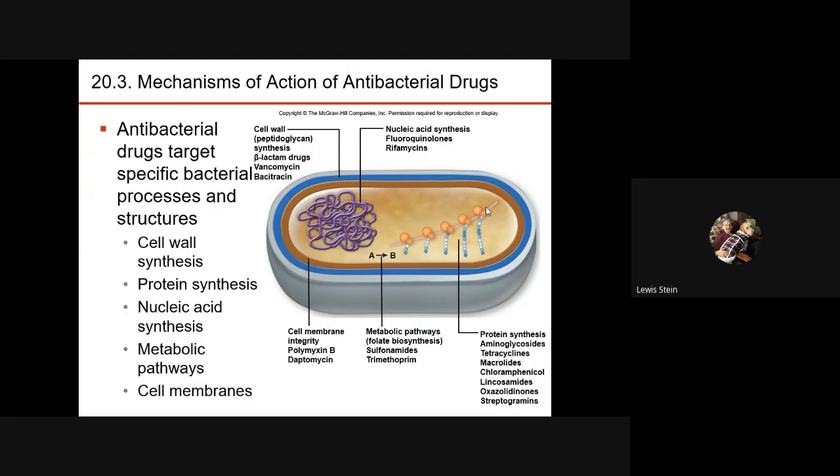We have 70S ribosomes in our mitochondria. Unfortunately, when we attack the 70S mechanism here, it also affects our cells. That's why there are more side effects. There's nothing that's what we call a panacea. Ain't nothing perfect.